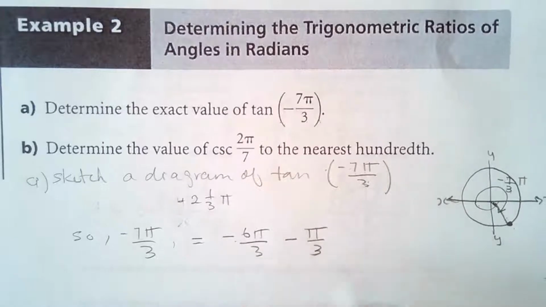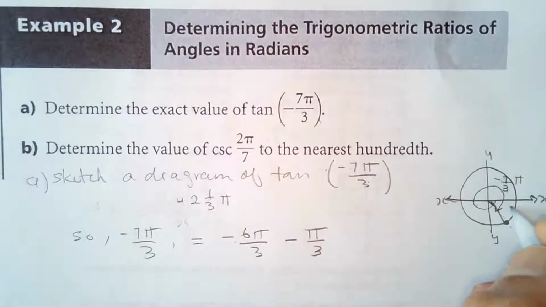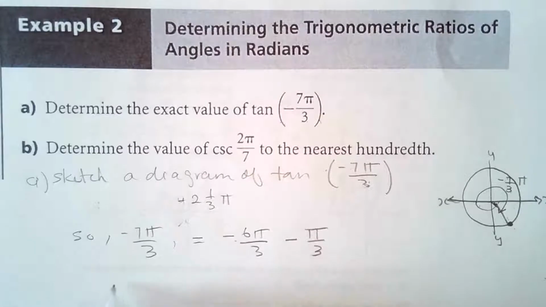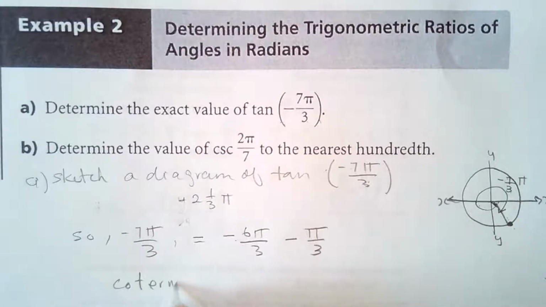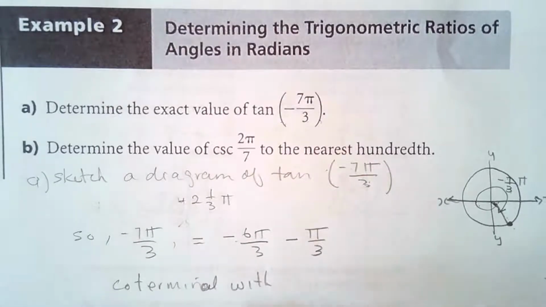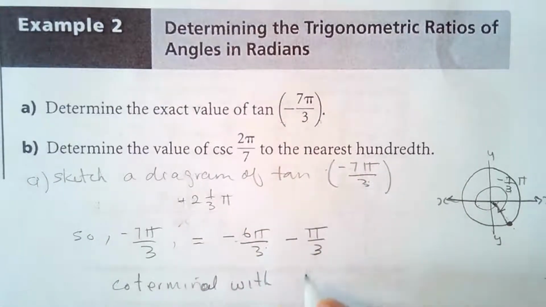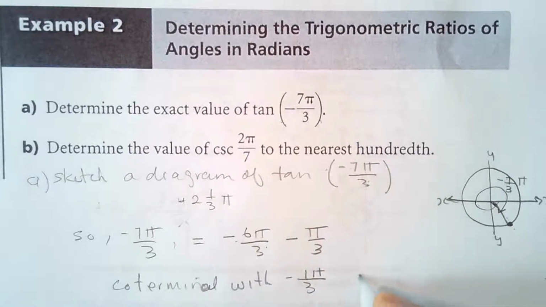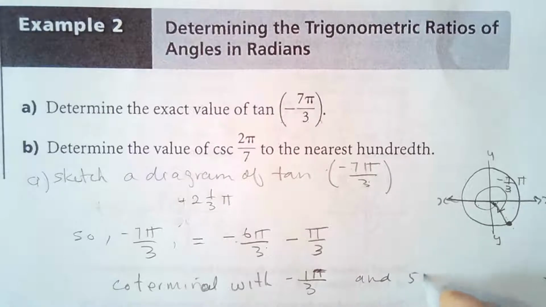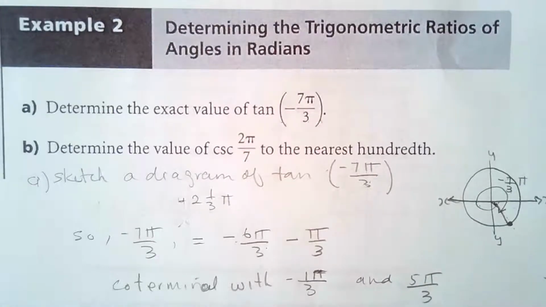So we can break it down. Now we have, this is your pi over 3, or 1/3 pi. But this is coterminal with negative 1/3 pi, or pi over 3, and 5 pi over 3.